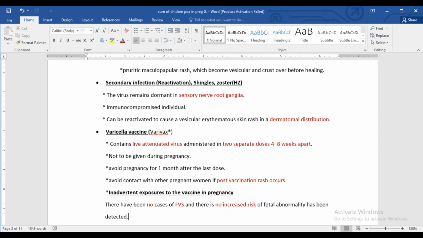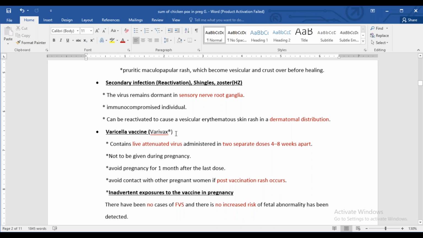This is one of the characteristic points you have to ask when the woman comes to you and says, I have been exposed to someone with shingles. Okay, so now we know about primary infection and its characteristic, the secondary infection and its characteristic, and it's a reactivation. It's not an active infection.